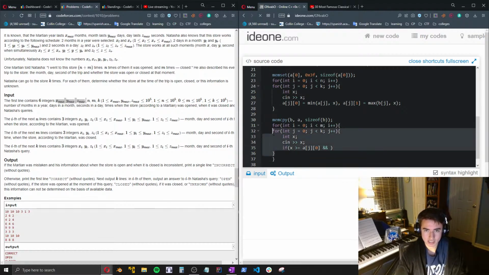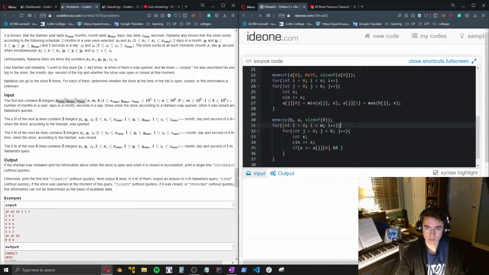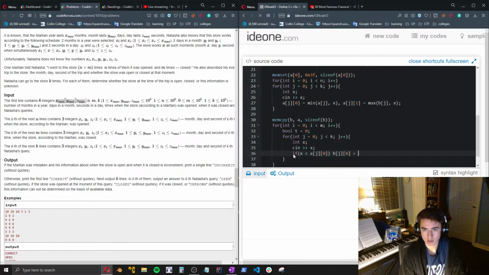That means it's inside the box and it's invalid. Let t equal 0. X is less than A of J 0, B of J 0, and then B of J 0 x.